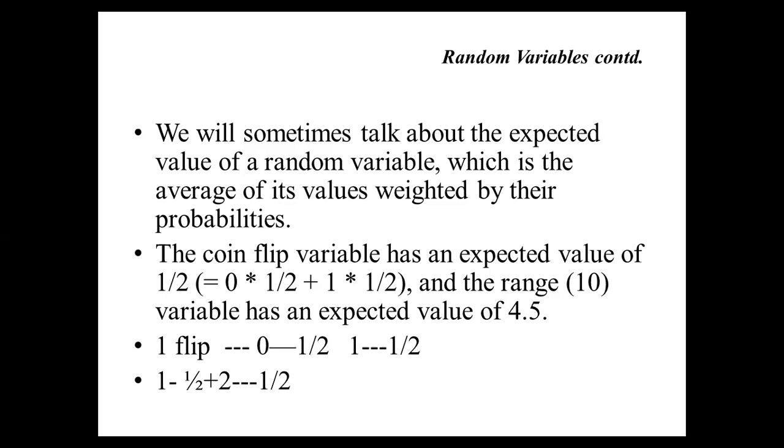Similarly, 1, 2, 3, 4, 5 up to 10 are there. So 1 by 2 will be taken 10 times, since 10 flips are there, and because of which 1 by 2 multiplied by 10 will be equal to 5.